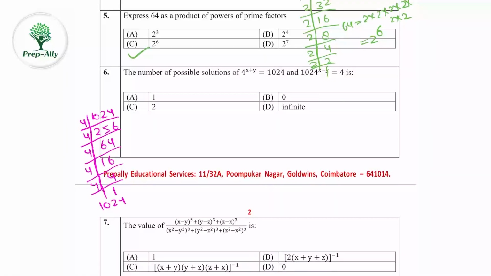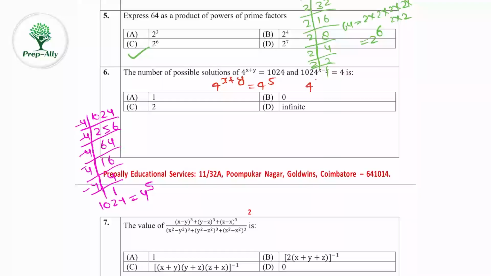So 4 appears 5 times, and we can write 1024 as 4 raised to the power 5. So 4 raised to the power x plus y is equal to 1024, which we can write as 4 raised to the power 5.